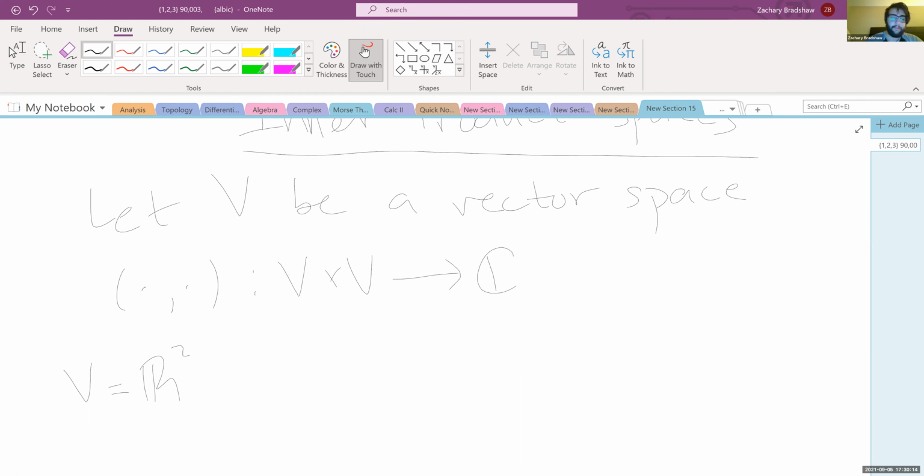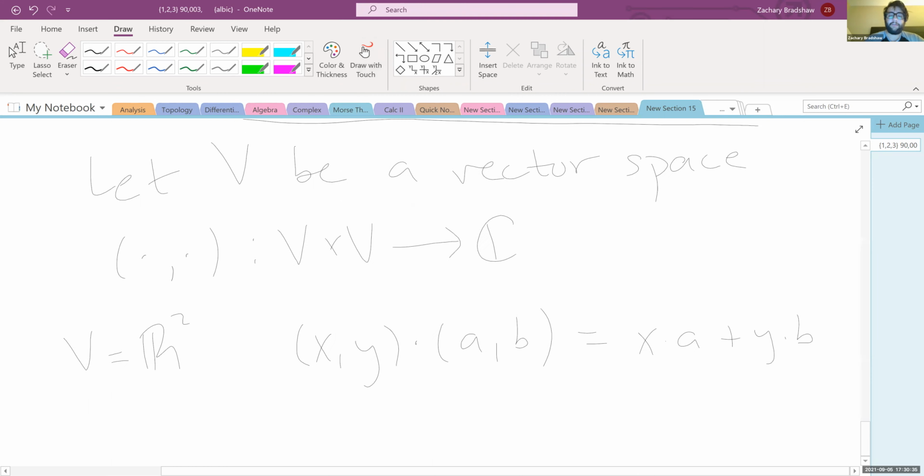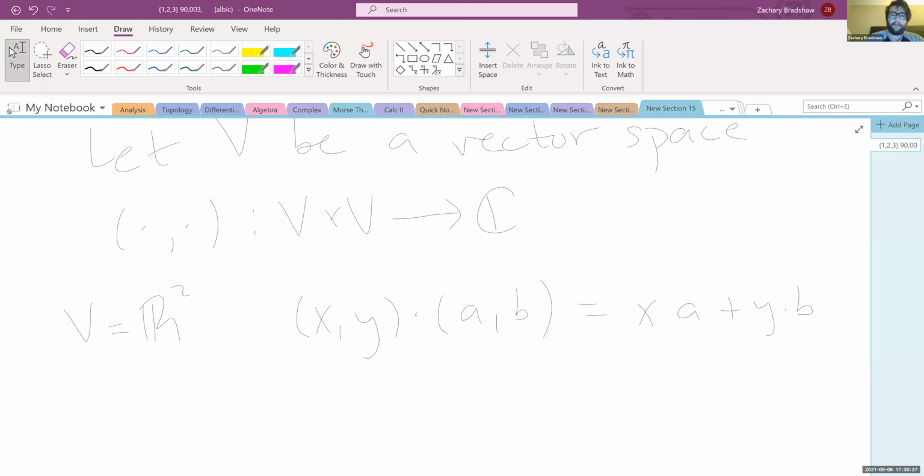The dot product is an example of an inner product. You can take (x, y) and take the dot product with (a, b), and what this gives you is x times a plus y times b. So this is maybe an example you should keep in mind.